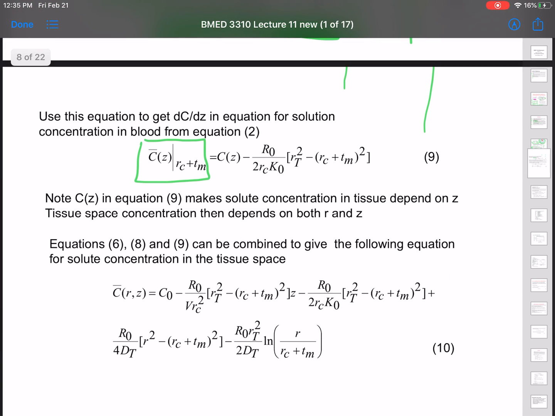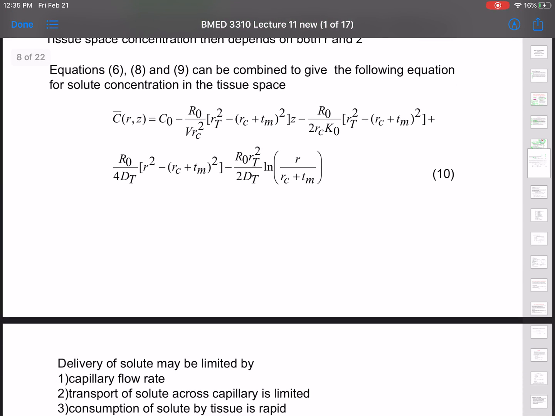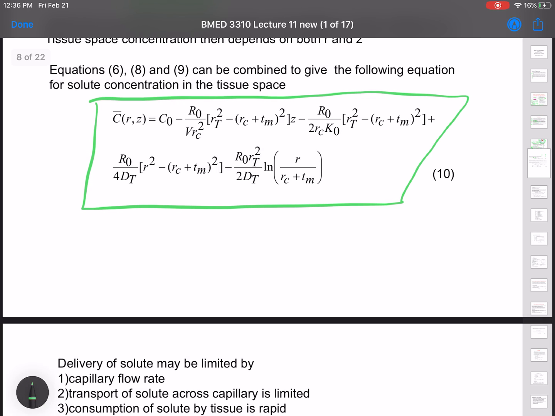Then there's some algebra and a little bit of calculus in order to come up with the final equation here.